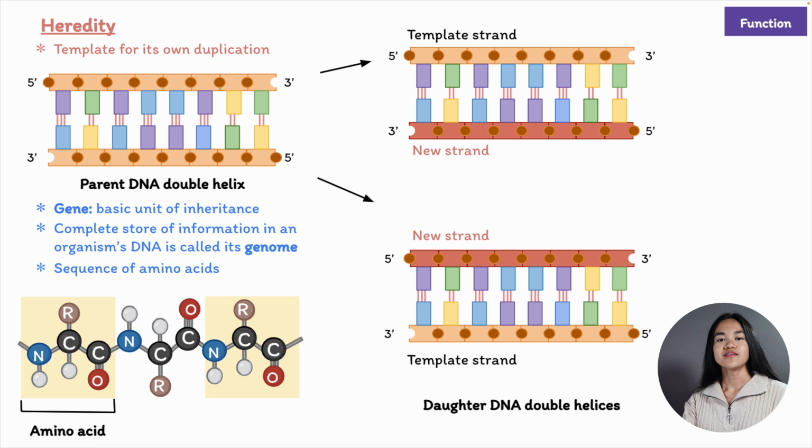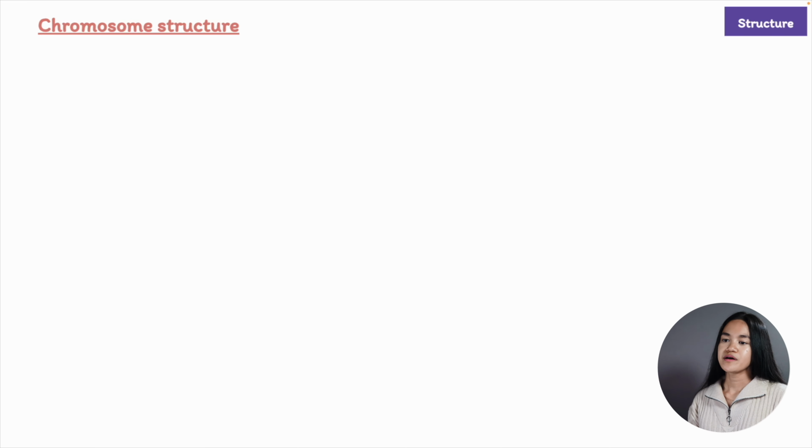All right, let's now break down how DNA molecules are packaged neatly into chromosomes. Enormous amounts of DNA are required to encode the information to create a unique multicellular organism. And the most crucial function of DNA is to carry genes. Genes, like we mentioned before, are the basic and functional units of heredity.